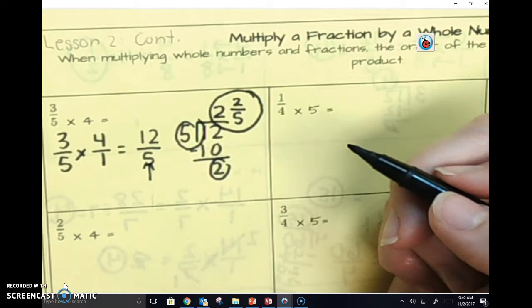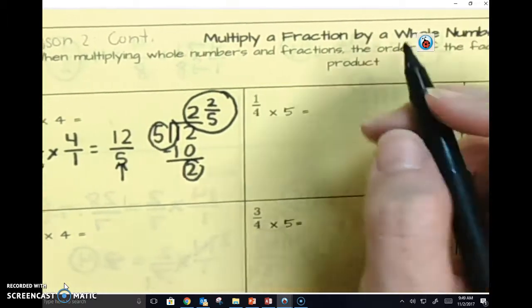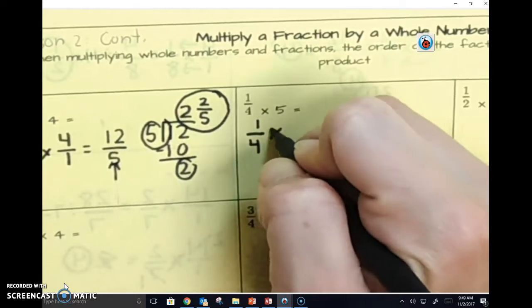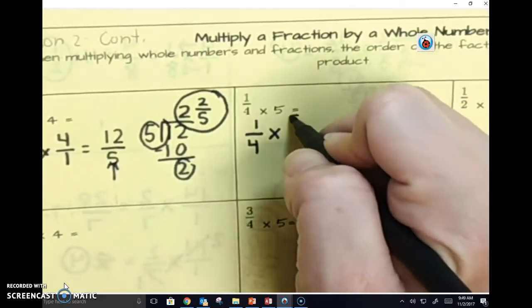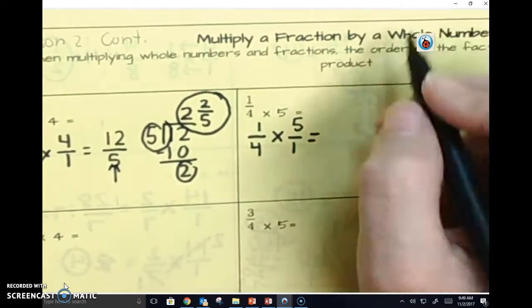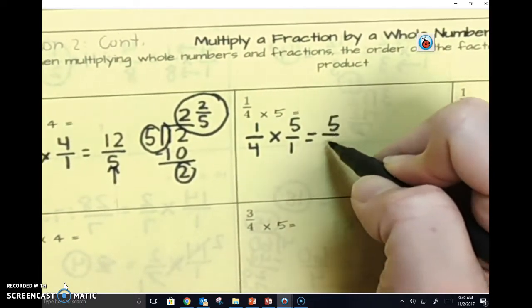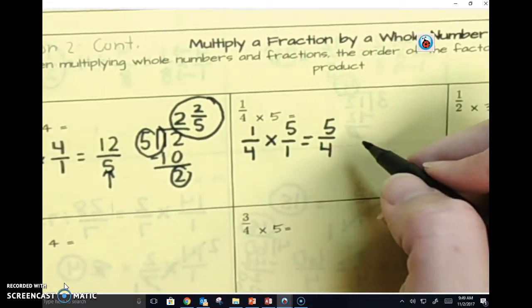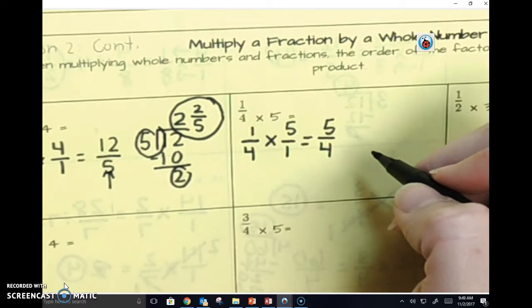Okay, let's look at the next one. We have 1/4 times, what are we going to do to 5? 5 over 1. And so what do we get for right here, everyone? 5/4. Some of you can look at that right away and go, oh, that's 1 1/4.